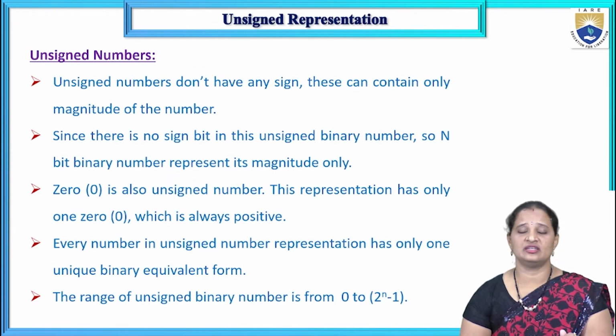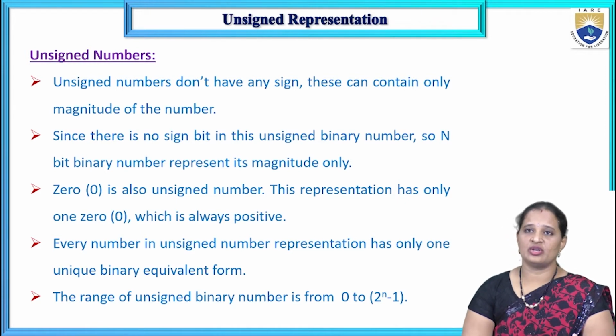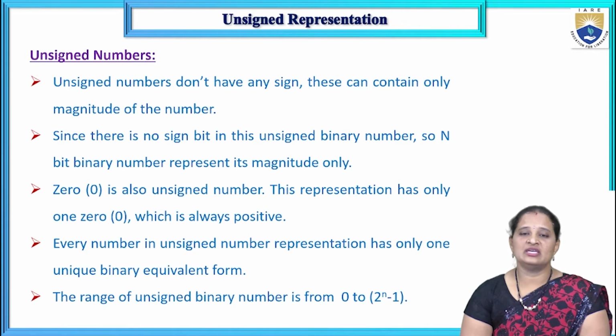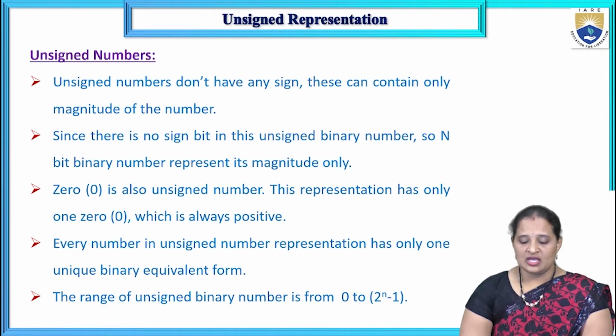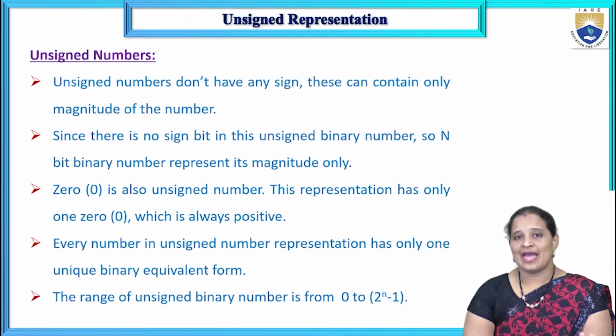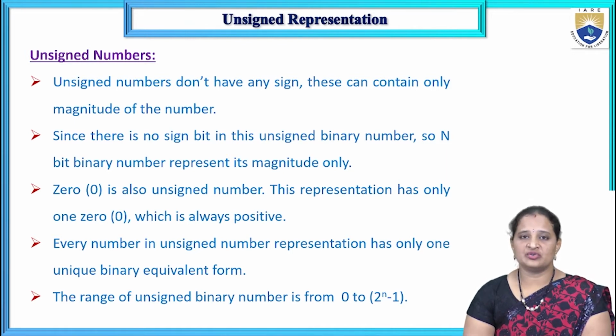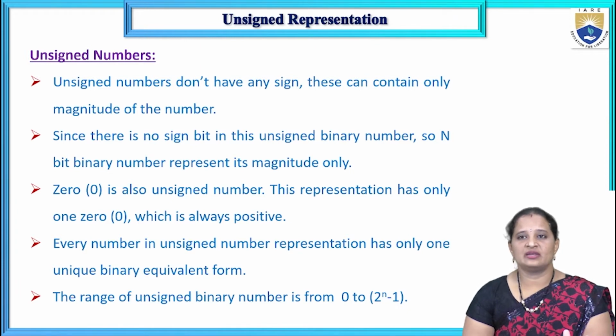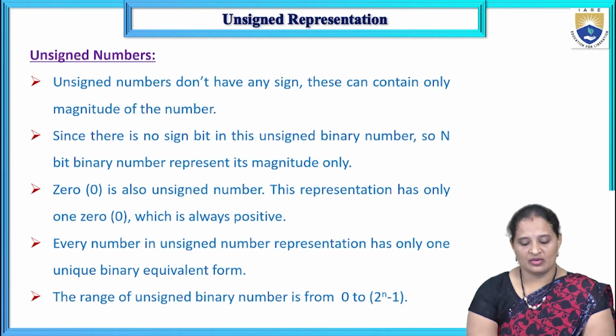Now let us see in detail about unsigned representation, or unsigned numbers. Unsigned numbers do not have any sign bit. So every number will be considered as a positive number and all the bits will constitute the magnitude of a number. As there is no sign bit, all the n bits in a binary number will constitute the magnitude only. So the 0 is an unambiguous number.